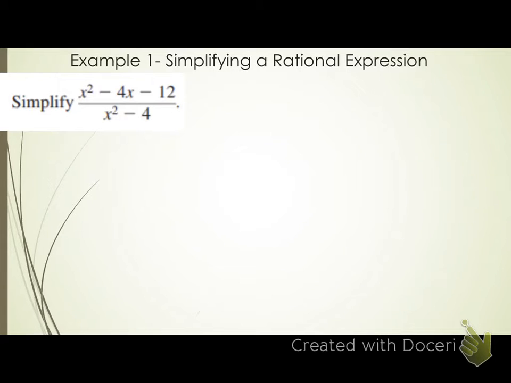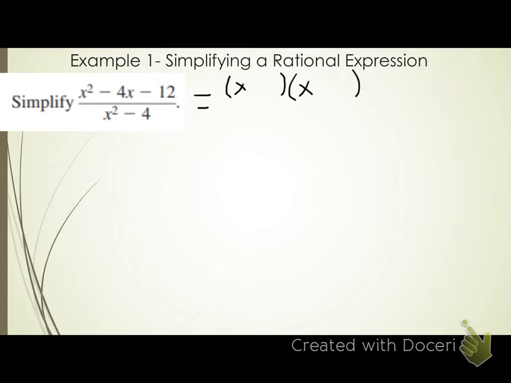So let's factor x squared minus 4x minus 12. If you recall from a few chapters back, we create our two sets of parentheses. What's the variable I'm dealing with? X, so I've got an x here and an x here. What are my two signs?